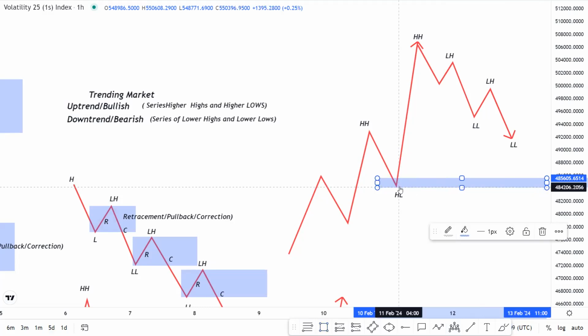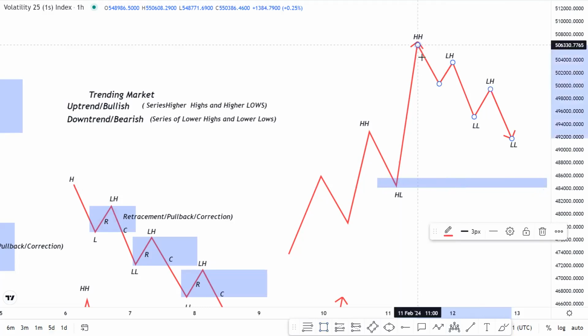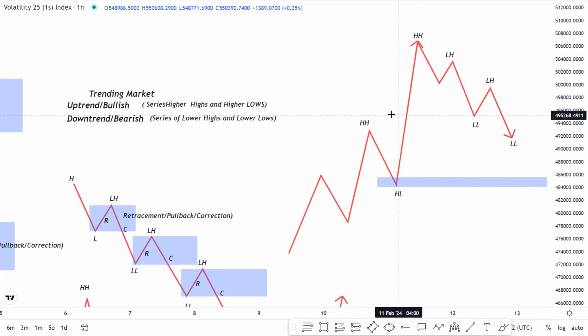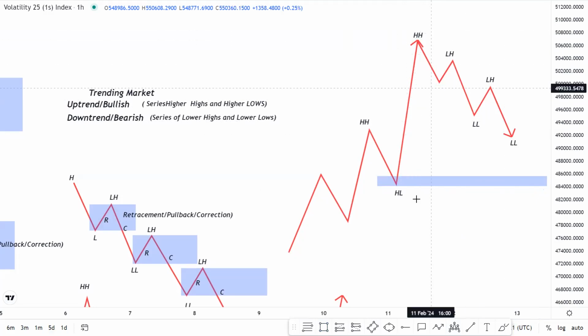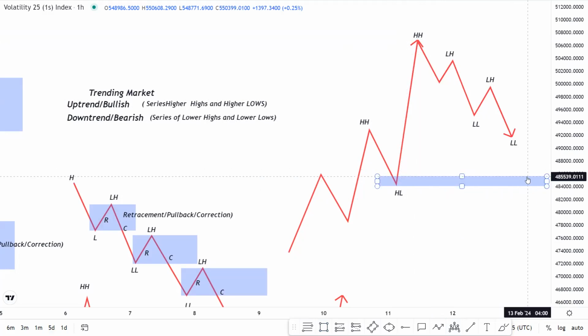So we have this being the higher low that led to this higher high right about here. We can only see the market trend has shifted, or there's a trend reversal in the market, once we have this higher low clearly taken out.